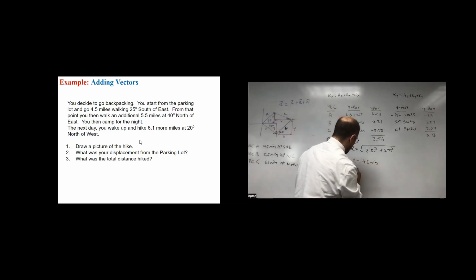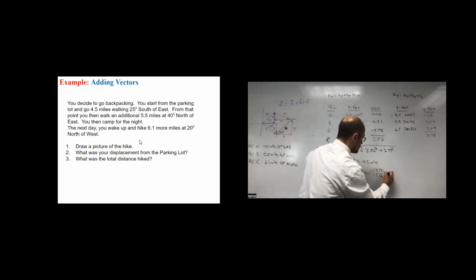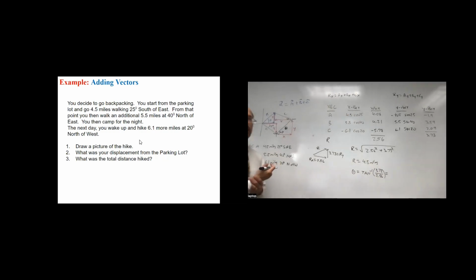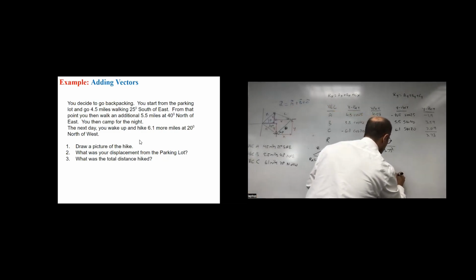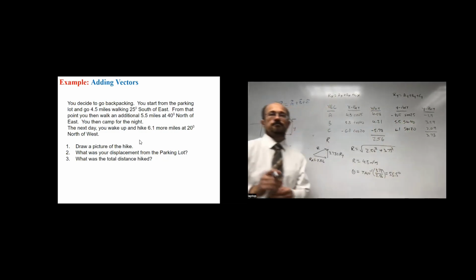And then if we need theta for the angle, it's the inverse tangent of 3.73 divided by 2.56. That should be greater than 45, so 55.5. Okay.